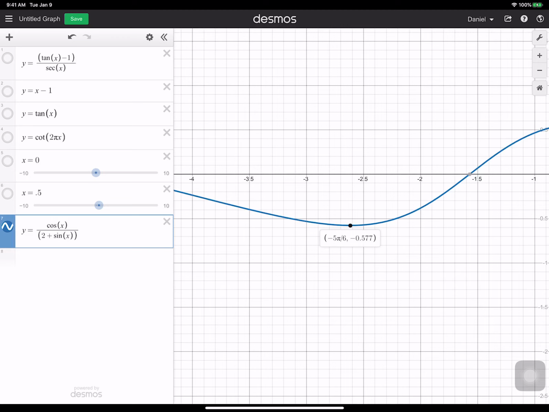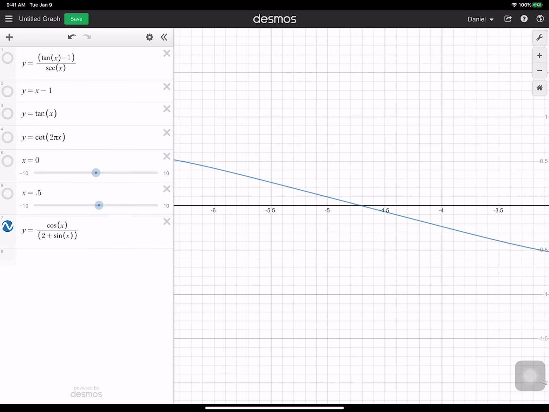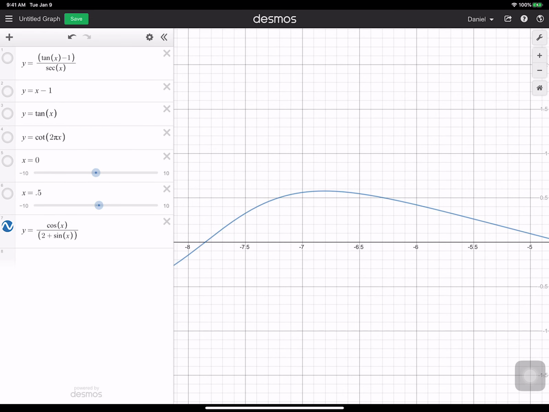Negative 5 pi over 6 is another location because it's at the bottom of a hill. So at the exact bottom of the hill where you'll have a horizontal tangent, negative 5 pi over 6. And then at the top of this hill, if we can find it visually, there we go. We just did negative 13 pi over 6. So you keep using values of n for the general solution here, where n is an integer. Okay, n is an integer.